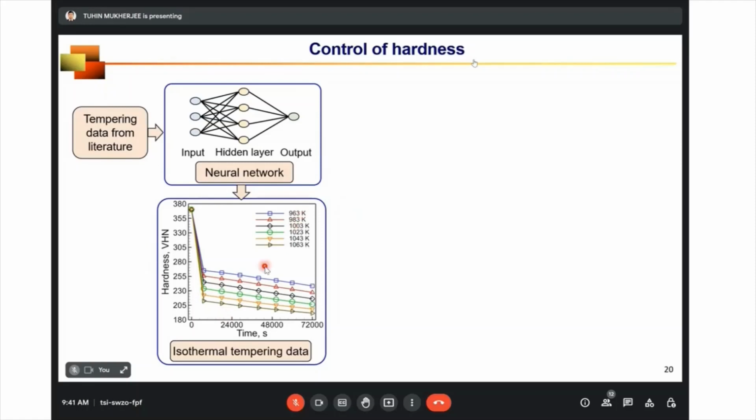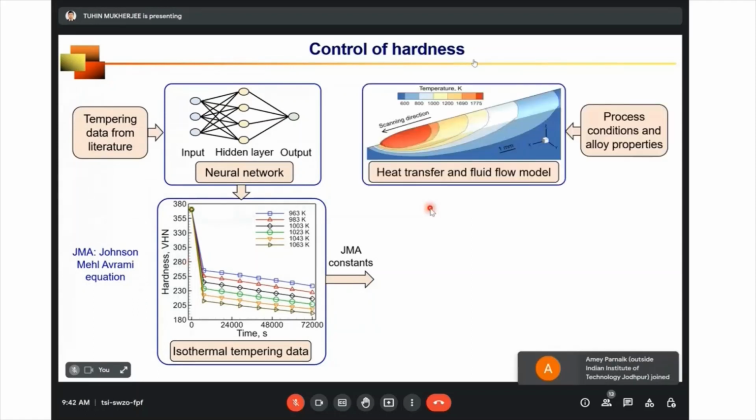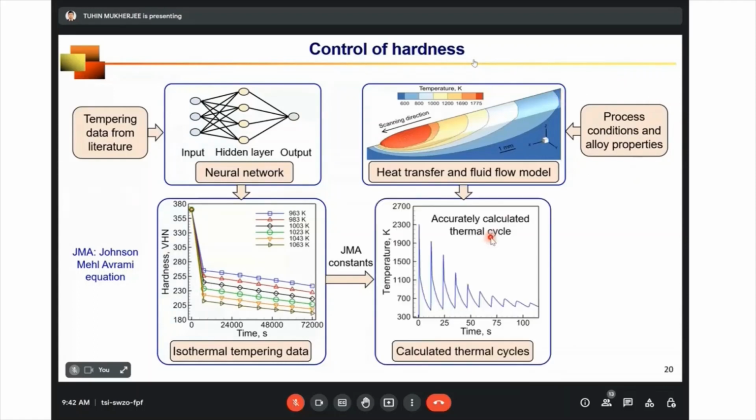Then use the data and find out the constants in the Johnson-Mehl-Avrami equation, which is a very well-known equation to represent the tempering kinetics. On the other hand, use the heat transfer and fluid flow model that takes the process conditions and alloy properties and accurately gives us the temperature variation with respect to time.